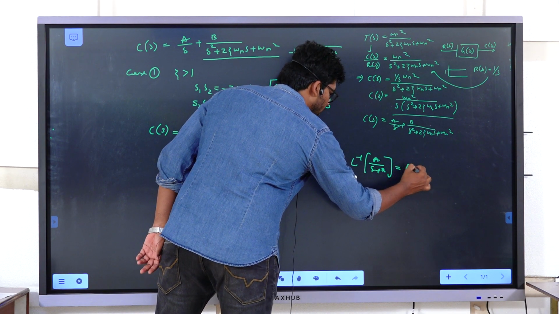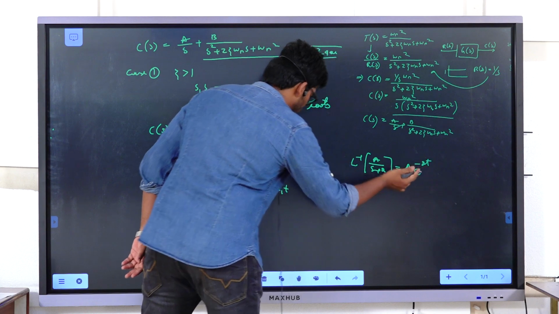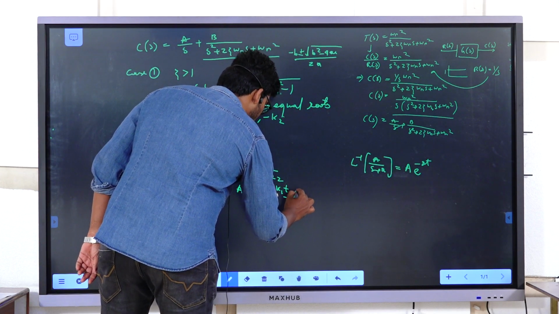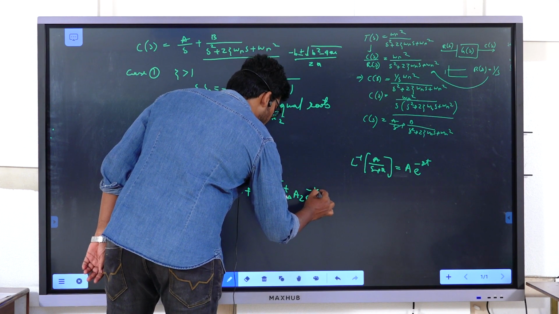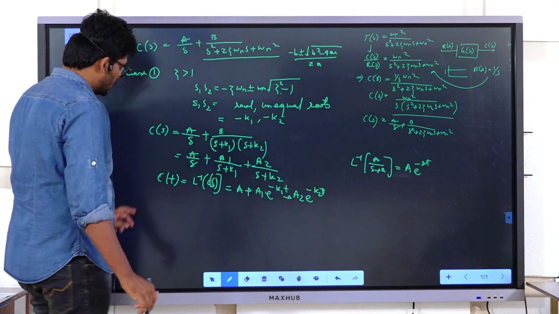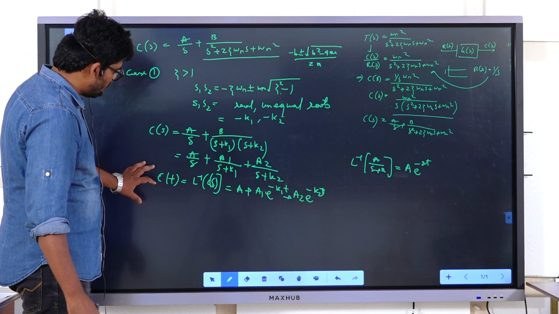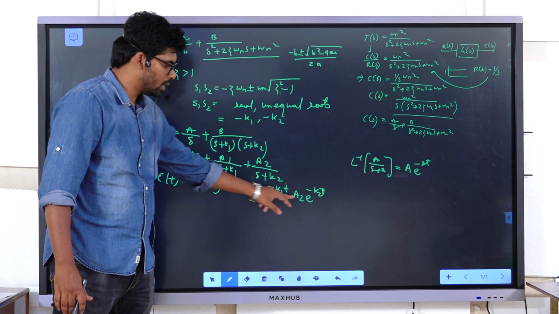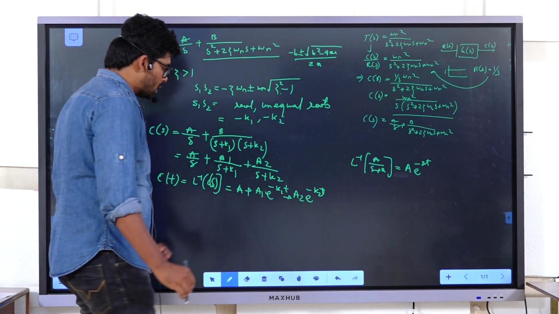It is e power minus at. So similarly we obtain a plus a1 into e power minus k1t plus a2 into e power minus k2t. If you observe carefully, we obtain c of t in the form of some constant plus exponential terms.